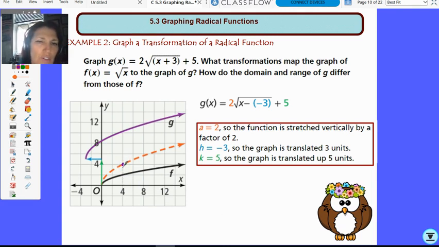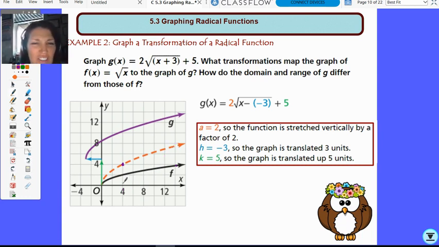So this is going to be a value of 4 times 2, which is going to be 8.